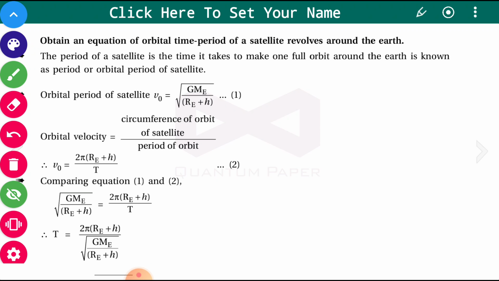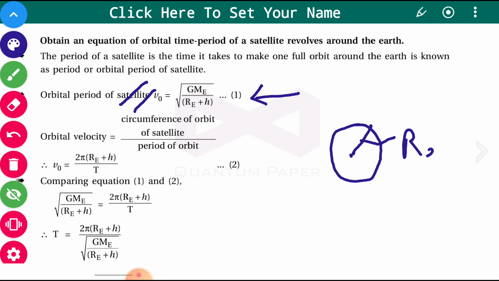that orbital velocity is given by this formula: v0 is equal to the square root of GMe upon (Re plus h). Now try to understand: here Re is the radius of the earth and h is the height of the satellite from the surface of the earth.